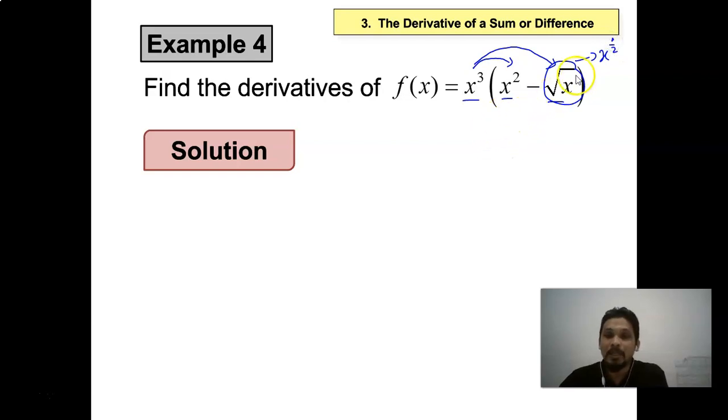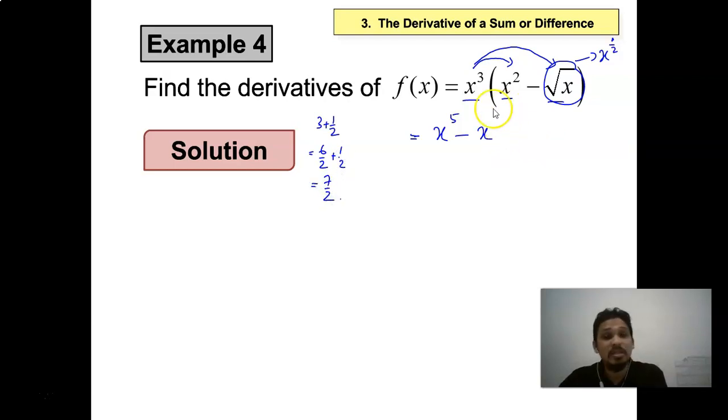Okay. So then we expand it first by multiplication. So the index is x to the power of 3 plus 2 equals 5, minus this one here, x to the power of 3 plus 1/2. We simplify: 3 times 2 equals 6/2 plus 1/2, which is equal to 7/2.